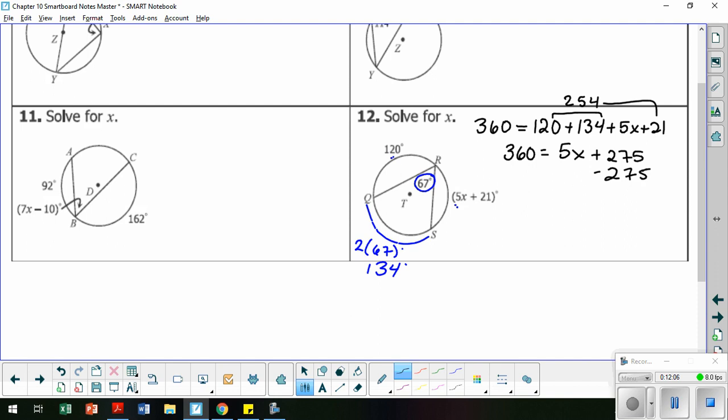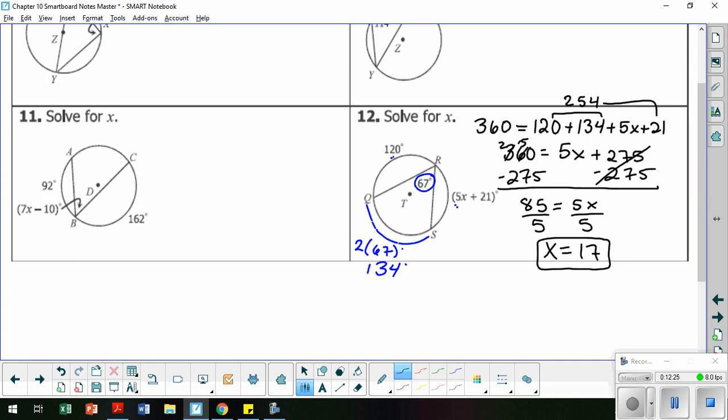Subtract the 275. So we get 85 equals 5x. Divide by 5. So x equals 17. Okay, let's go to the next page.